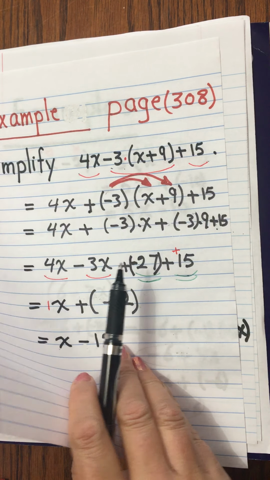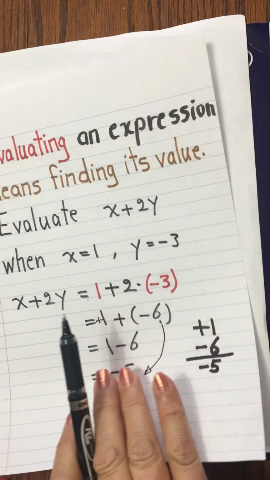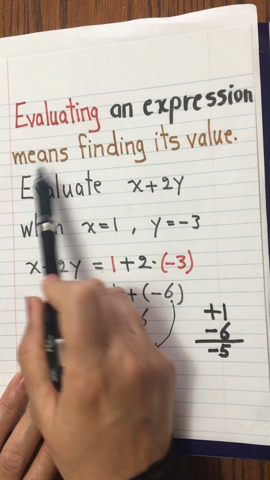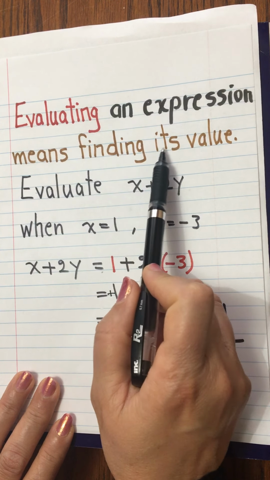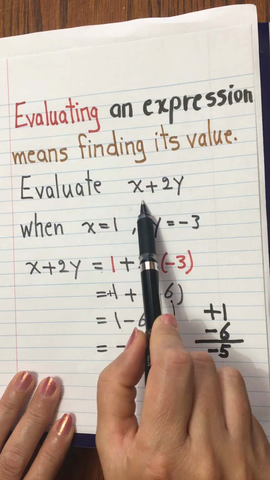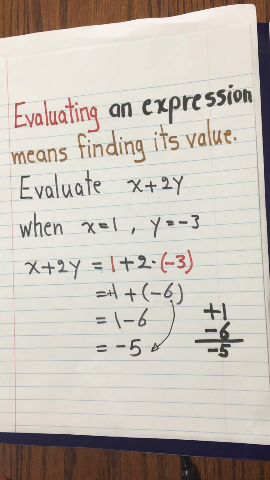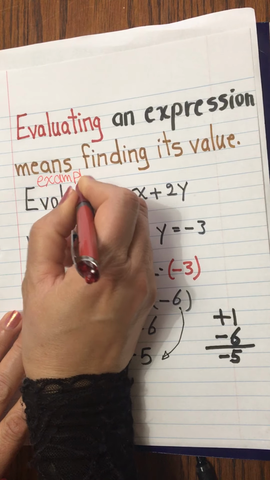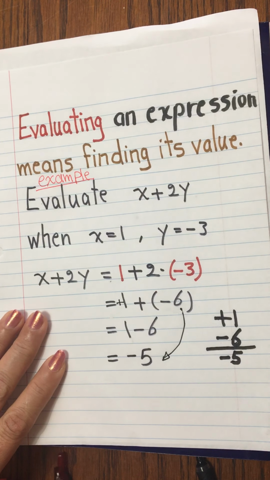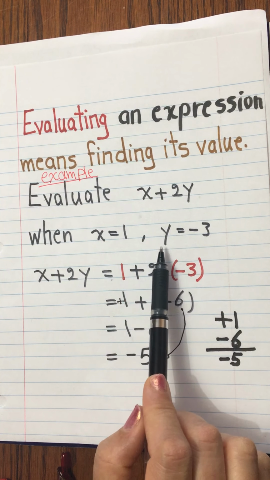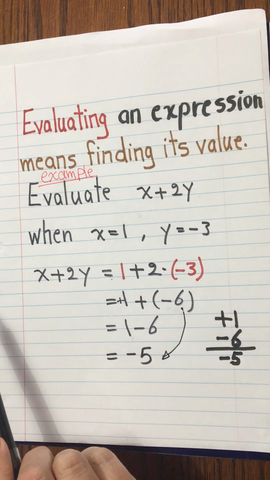Now I'm going to explain evaluating an expression. Evaluating an expression means finding its value. So example, evaluate x plus 2y when x equals 1 and y equals negative 3.